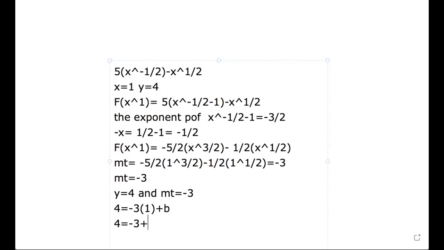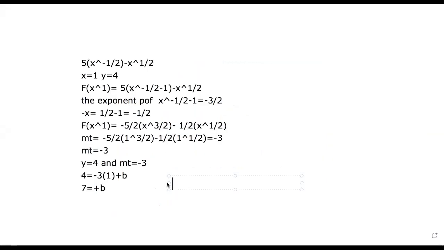We want to isolate the b, so it would be plus 3 on both sides. The 3 would cancel out, and we will add 3 to the 4. 4 plus 3 is equal to 7. So the equation of the tangent is y equals -3x plus 7.